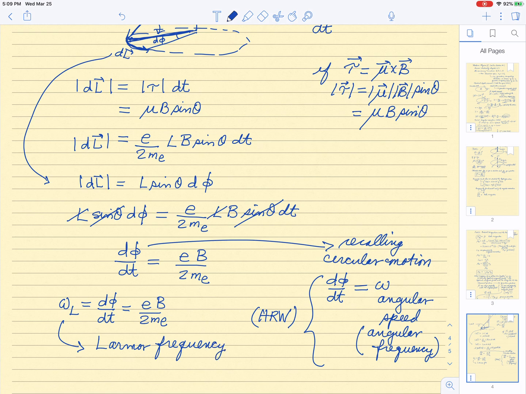The Larmor frequency. And again, we looked at the units in class. I want you, please, to reconcile the units so that you understand the units, because you know that this must be, at the end of the day, in radians per second.